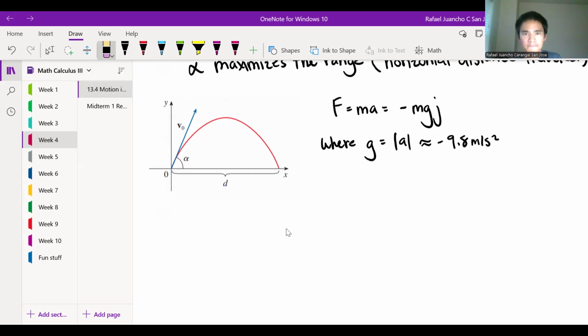So that's my vector. And from here, if g is the absolute value of a, we can say that a is equal to negative g j, right?